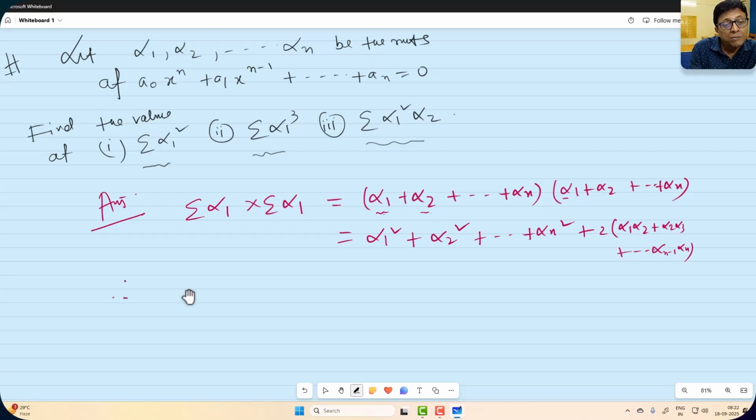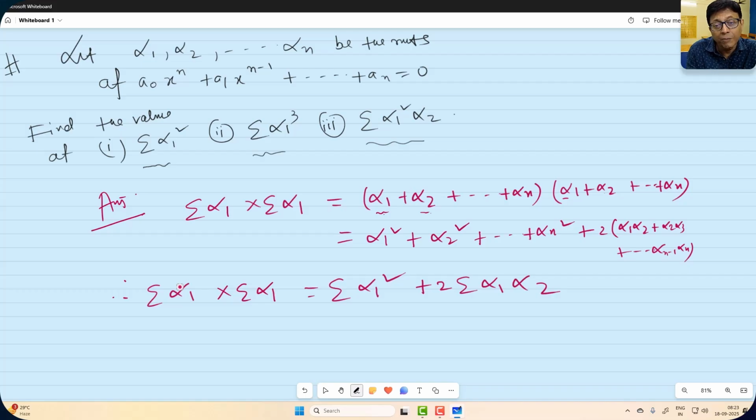Therefore, sigma alpha 1 into sigma alpha 1 is sigma alpha 1 square, and this one 2 sigma alpha 1 alpha 2. Am I correct?